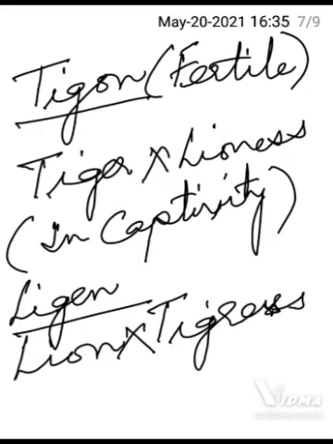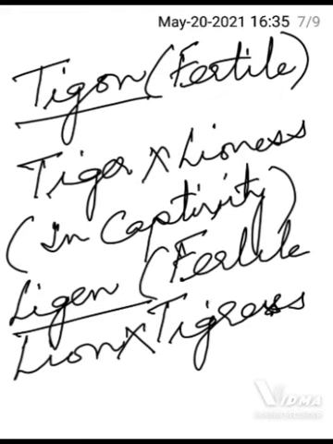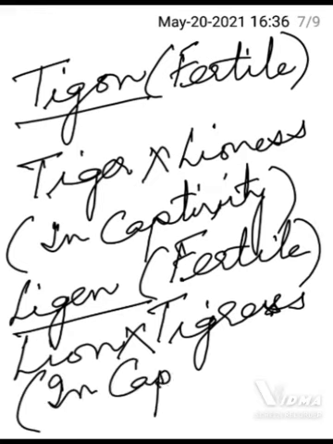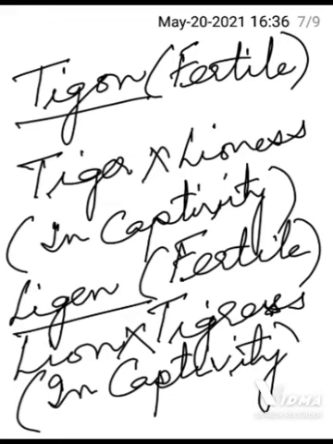This is also fertile, but again the cross is done in captivity. So I hope you have understood the definition that species are actually closely related organisms that breed in nature to produce fertile offsprings, and they should be of appropriate sexes. So that is all about species.